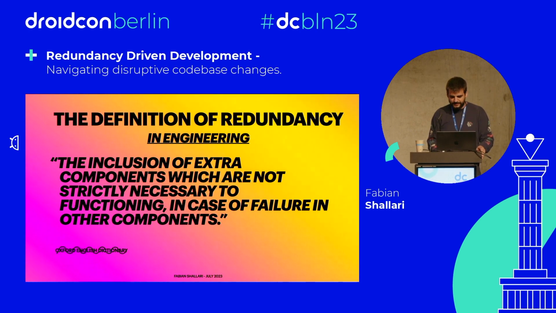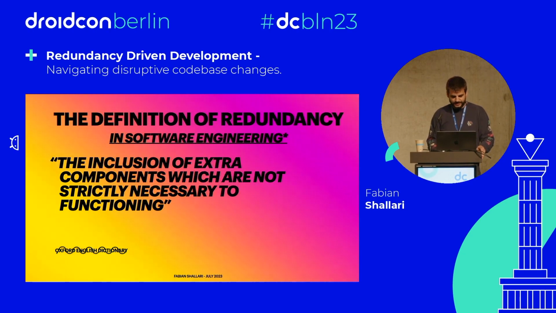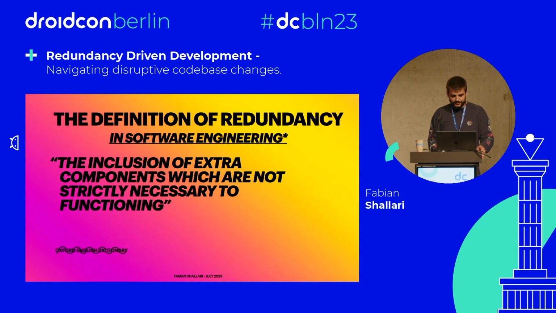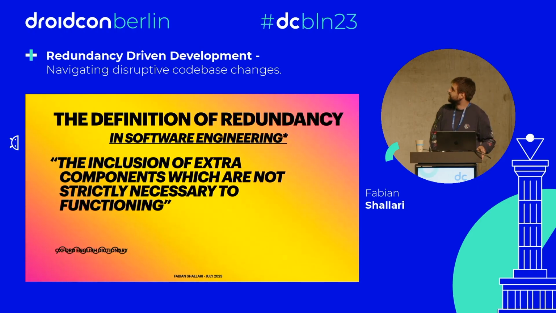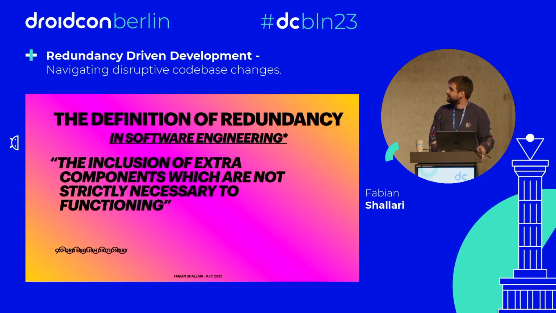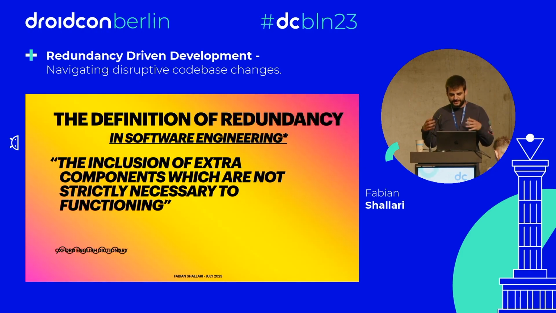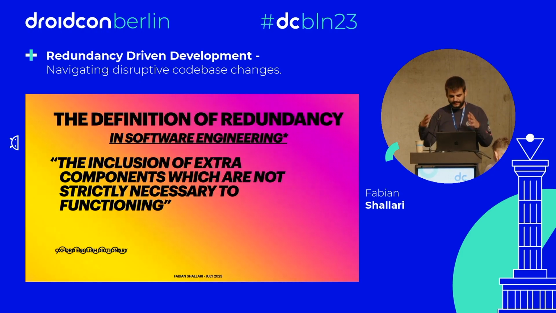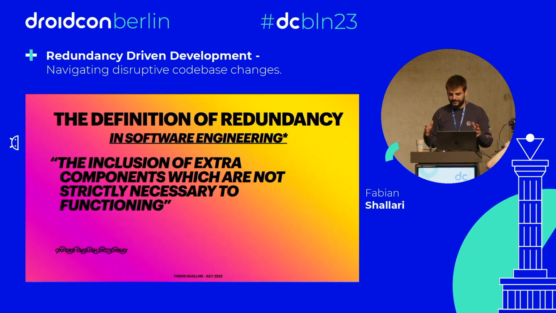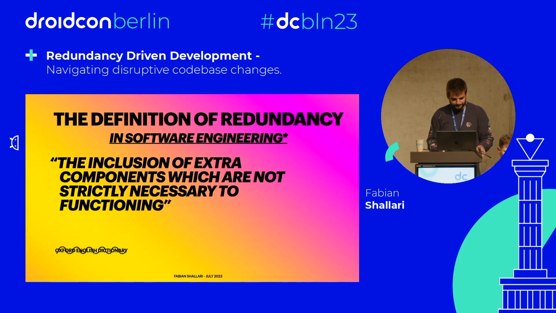Going a bit beyond that, in this talk, what we are going to mean by redundancy is the inclusion of extra components which are not strictly necessary to functioning. And that is quite similar to the previous definition. So basically, it means that there is extra stuff in a system which plays no main role in what the system is supposed to do, but that extra stuff is there, so it ensures that the main stuff that you put in the system works properly.